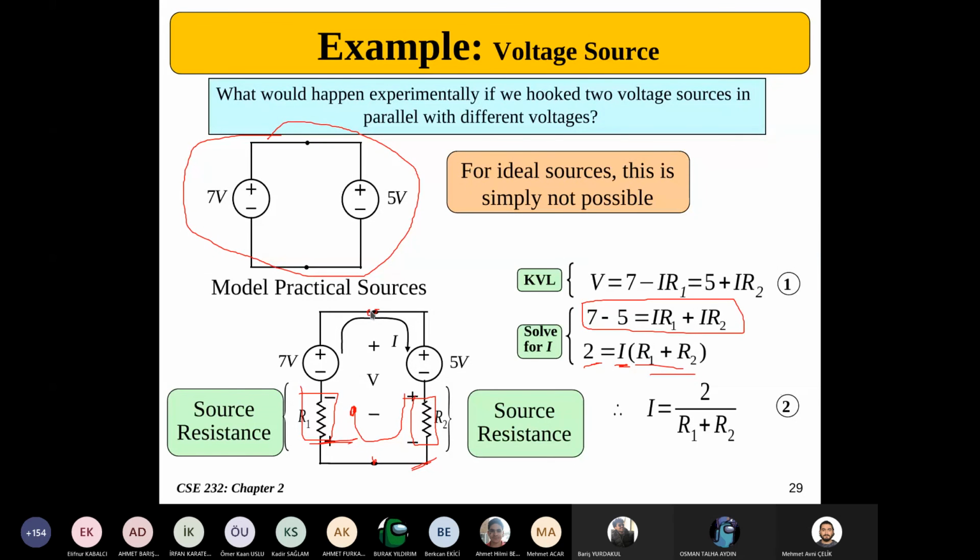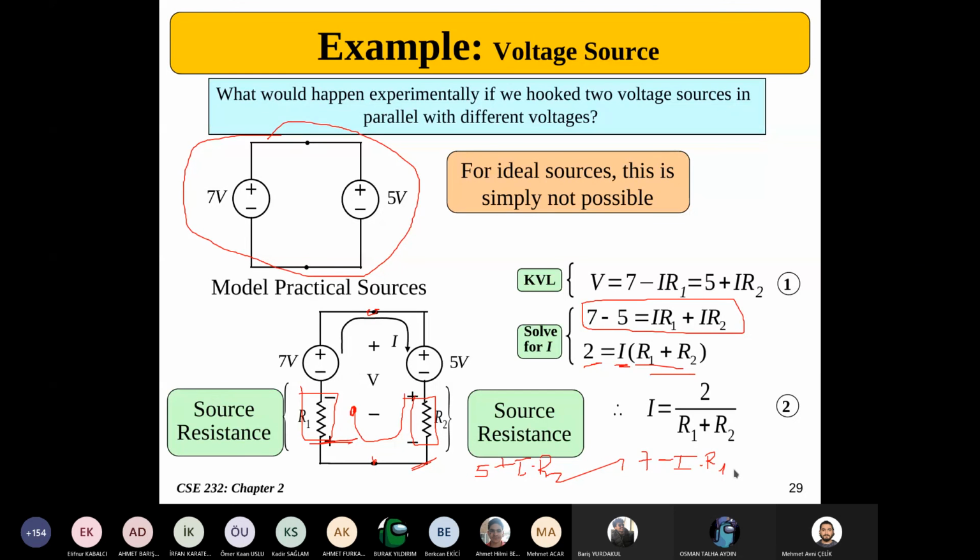And for the voltage difference between these two lines, you can say that it is +5, just 5 plus I times R2, or using the other way around, 7, this time minus due to polarity, times R1.